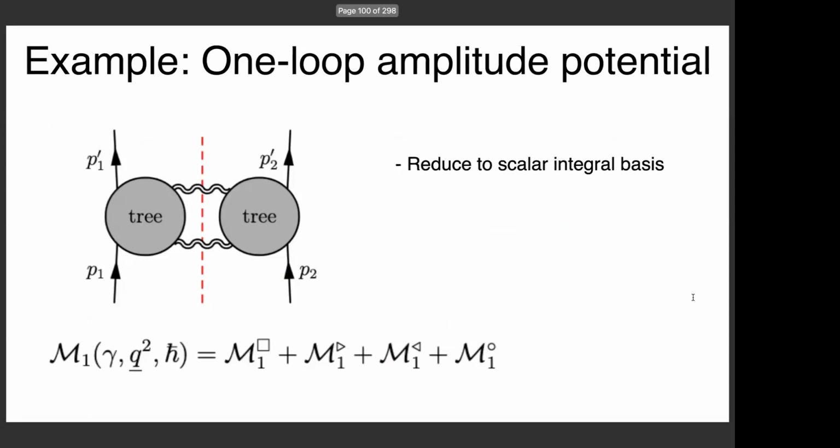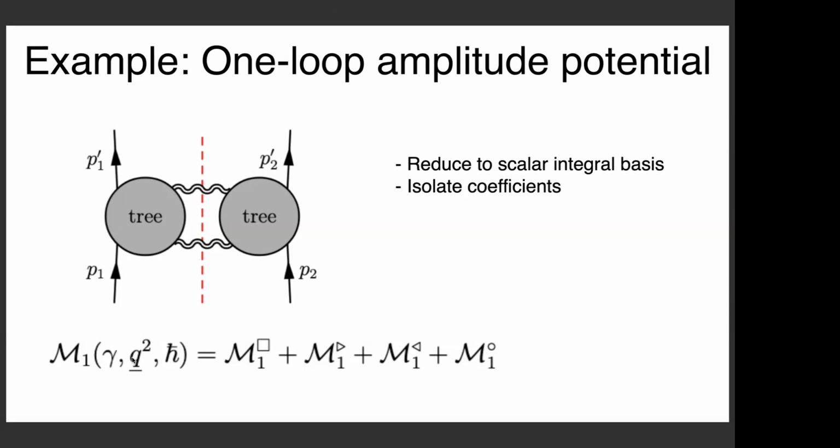But first, before we start, it's good to do the one loop example. So at one loop, if we want to compute the effects of gravity at one loop, we are considering a cut with 2 trees and 2 graviton lines. So the 2 tree amplitudes we can put together from the various methods we have available, and then we do the cut.